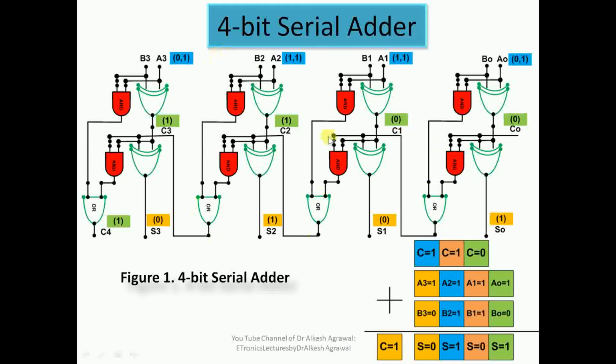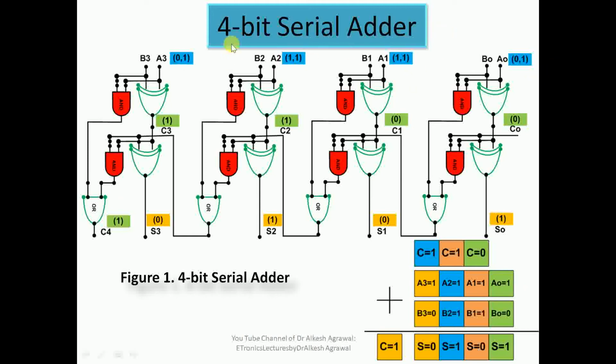The third stage is adding A2 and B2 with the carry propagated from the second stage. And then we have the fourth stage, with the full adder adding A3 and B3 and a carry C3 propagated from the third stage. So like this, this is a 4-bit serial adder.